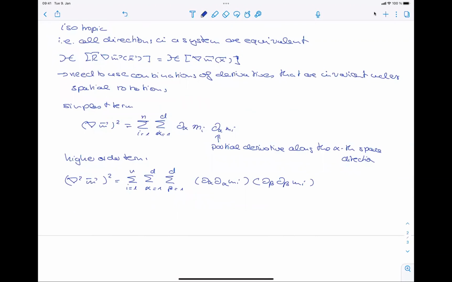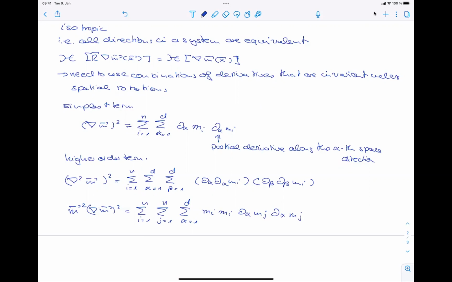Or I can also have mixed terms of the magnetization and its derivatives. For example, these kinds of terms, which would then read m_i, and then the partial alpha of m_j, the partial alpha of m_j.